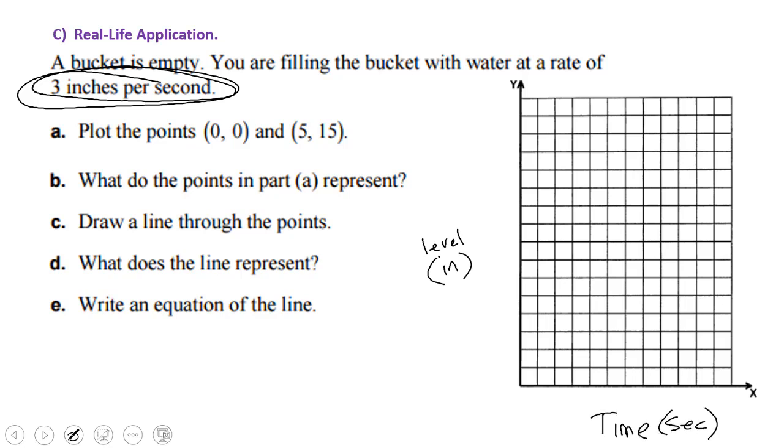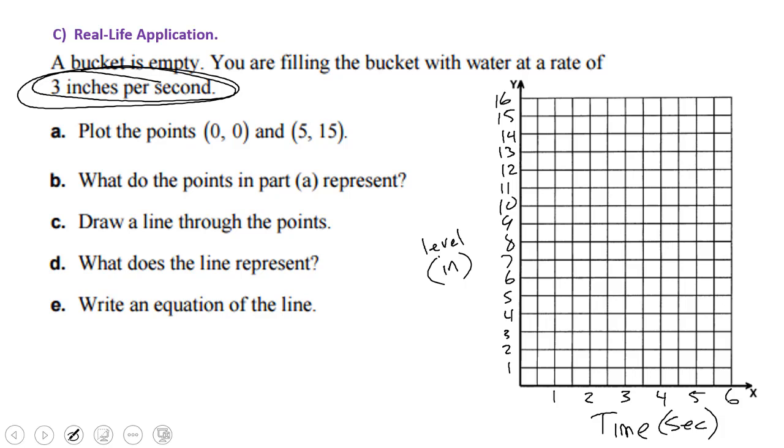And so let's start. We're going to go by ones: 1, 2, 3, 4, 5, 6, 7, 8, 9, 10, 11, 12, 13, 14, 15, 16 inches. And seconds, I'm actually going to go by half a second. So half a second, 1, half a second, 2, half a second, 3, 4, 5, and 6 total seconds.